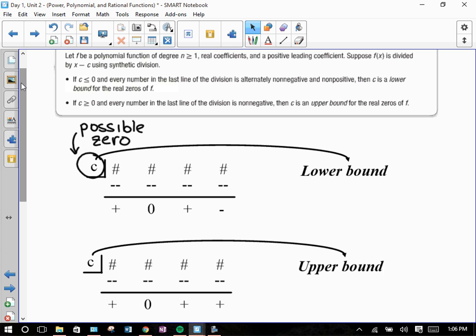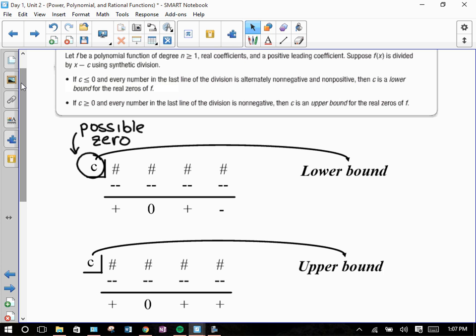The reason I have zero here is because zero is not positive. So what it's saying is, if the numbers in the synthetic division alternate between non-negative and non-positive, then it's a lower bound.